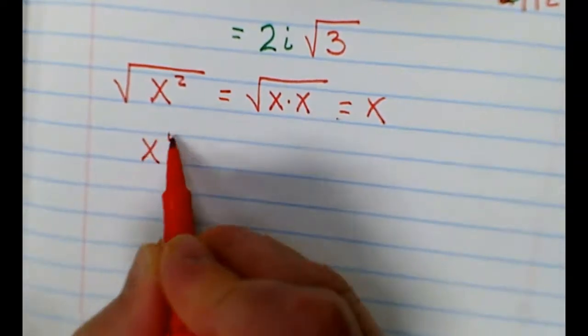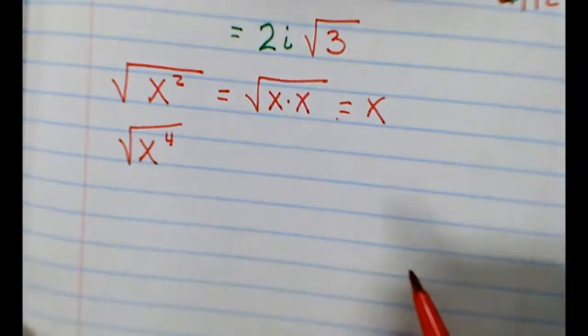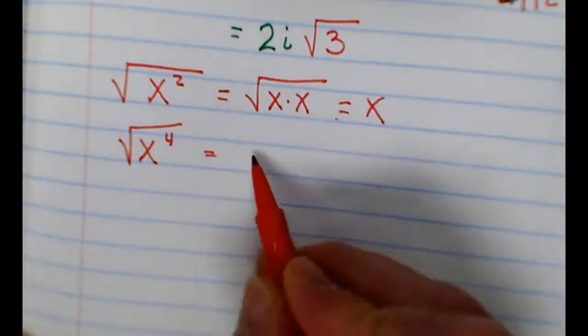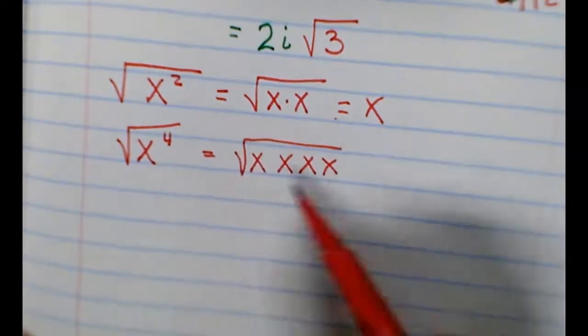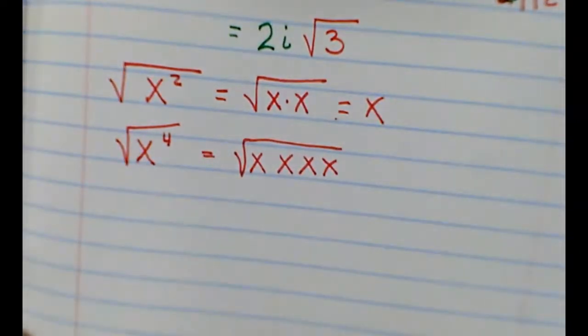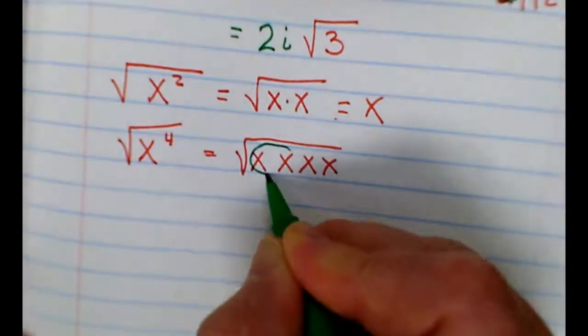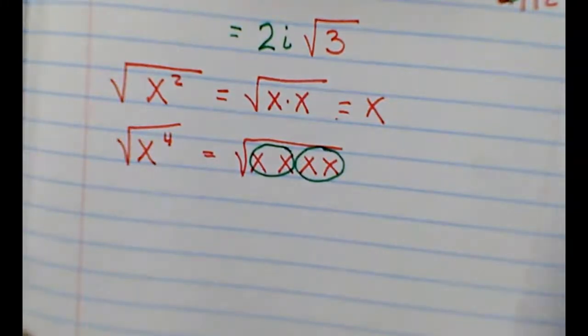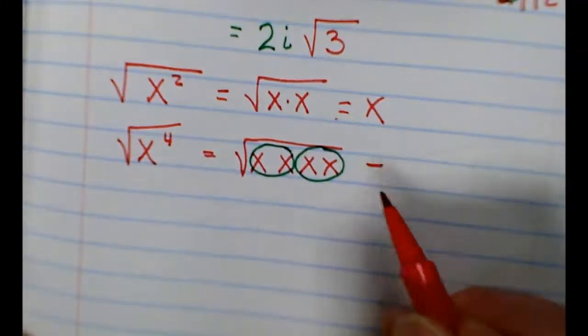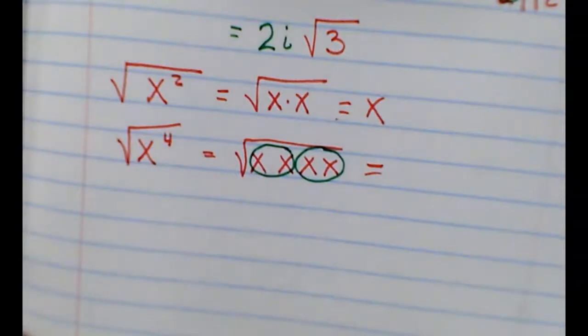What about this? 1, 2, 3, 4. That's what x to the 4th power means, right? So there's a pair and there's a pair. How many pairs do I have? Have any over?